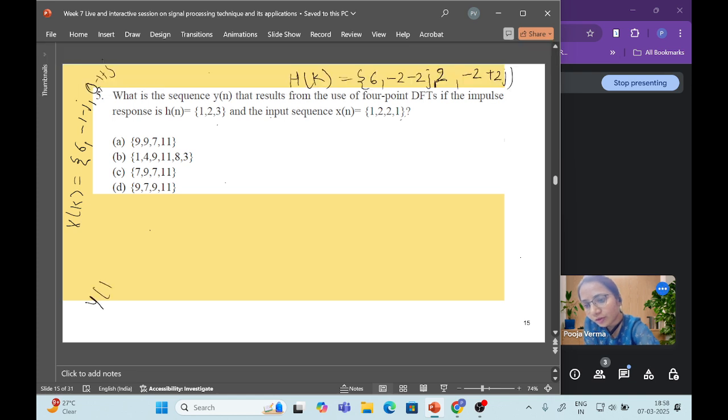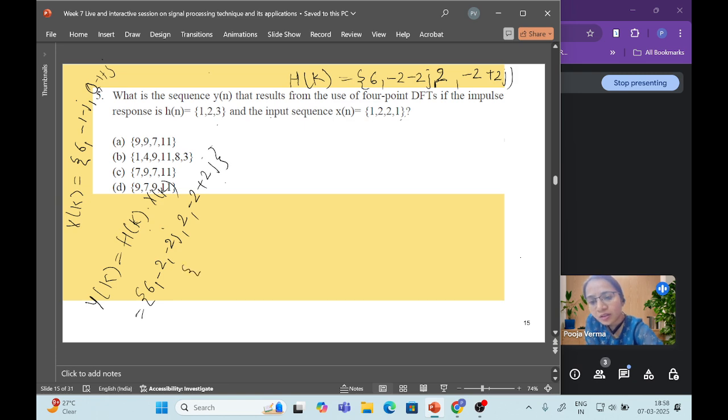Yeah. So now Y of k is the multiplication of H of k into X of k. We have already got those, so just multiply these two. What is X of k? That is 6, minus 2 minus 2j, 2, minus 2 plus 2j.